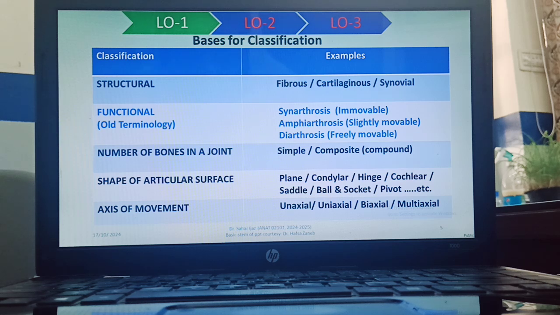Then the third base is the number of bones contributing to the formation of that joint. The fourth is the shape of the articular surface of the bones coming together to make up the joint. Then the axis of movement can be another basis for classification of the joint.